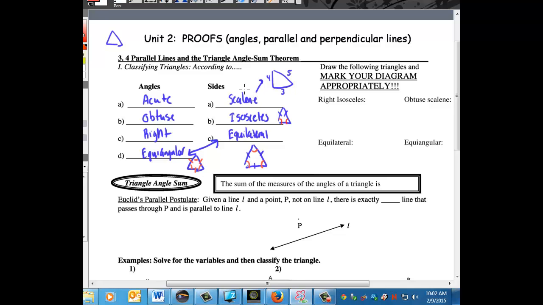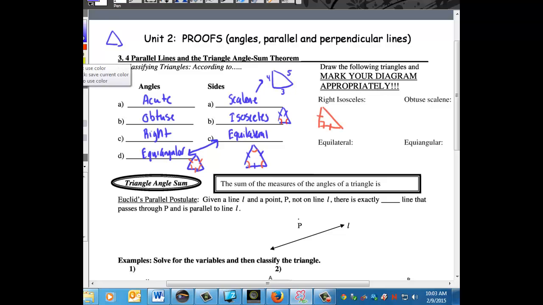So in drawing our right isosceles triangle, we want to draw a 90-degree triangle. Let's put a box. And then we also need to say that two sides are each congruent. So let's put a mark here and a mark here. And so this would be our case of a right isosceles triangle.